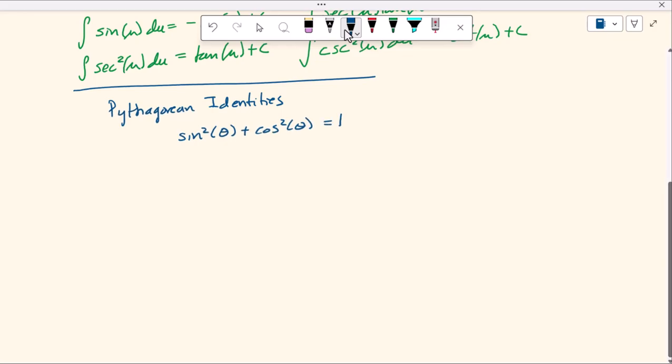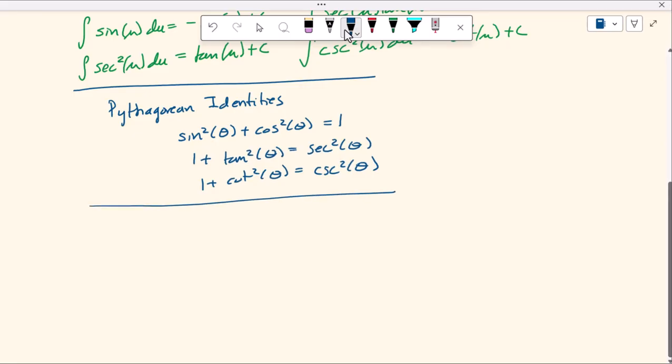We also have 1 plus tangent squared theta is equal to secant squared theta. And 1 plus cotangent squared theta is equal to cosecant squared of theta. So the Pythagorean identities, again, are something that I would expect that you would know as well. They come up a lot. We used them a lot in trig, and we'll be using them here as well.